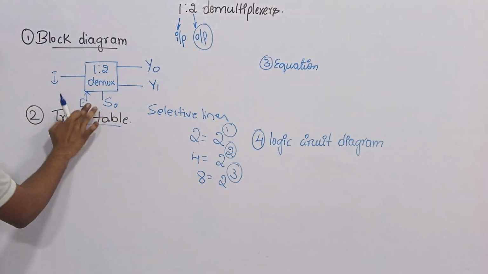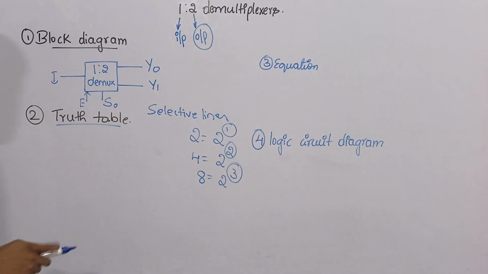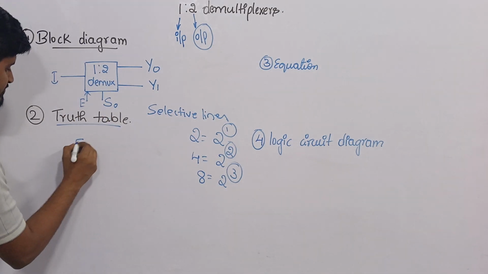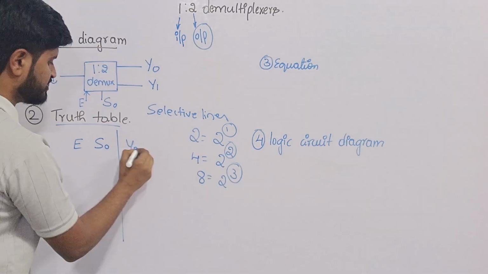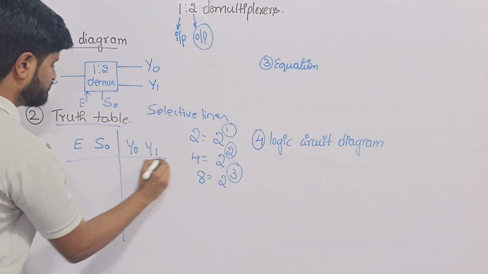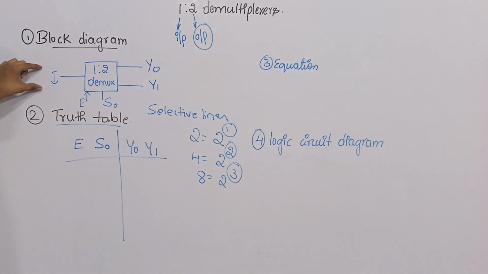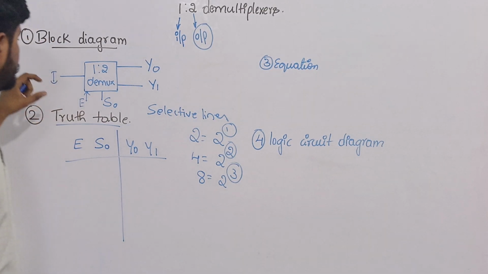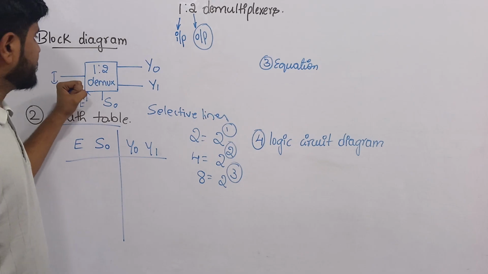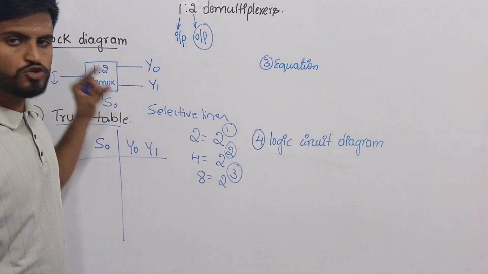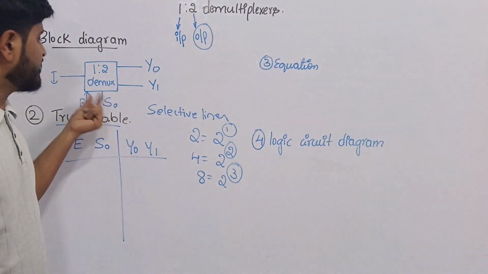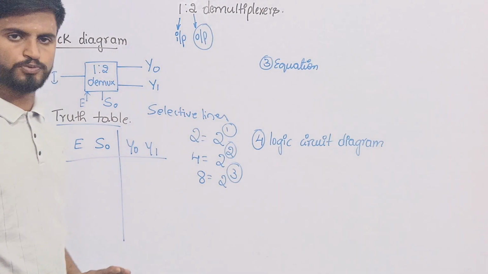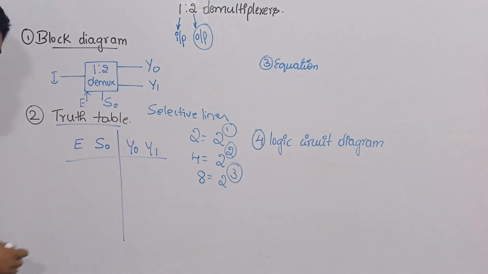So this enable and the selective line S0 will act as my inputs and my outputs will be Y0 and Y1, because the input that you give will be taken, and among these two output lines it will be selected through the enable and S0 and given as the output.